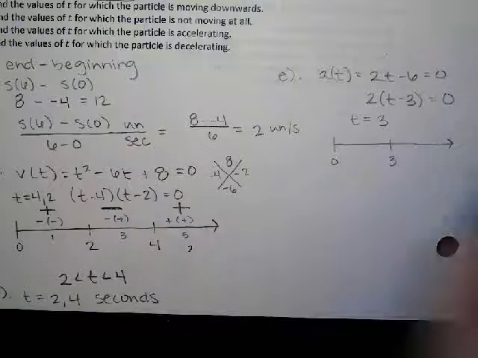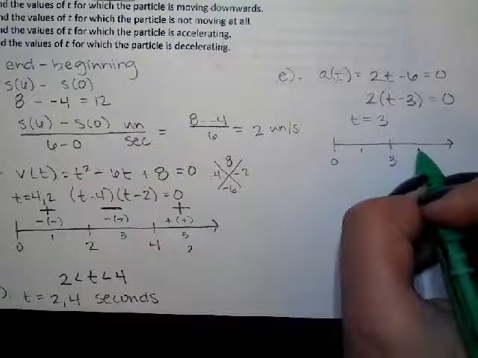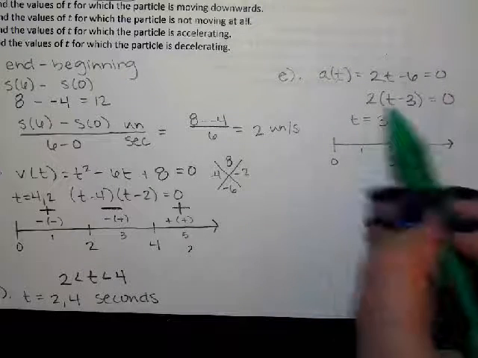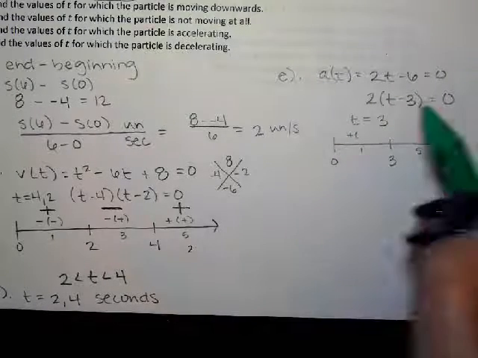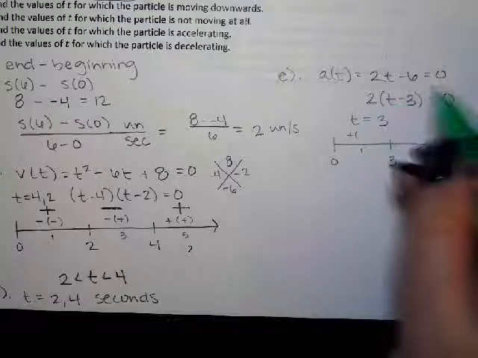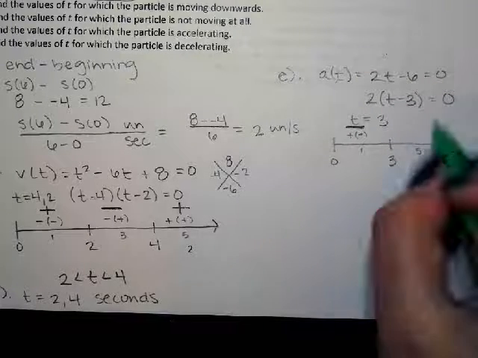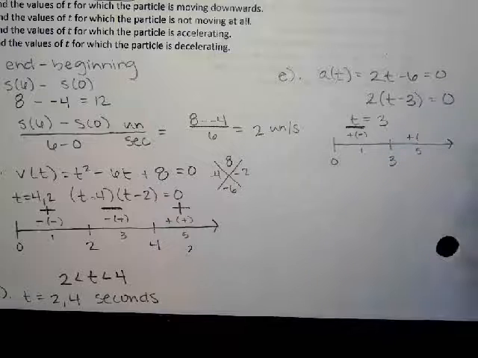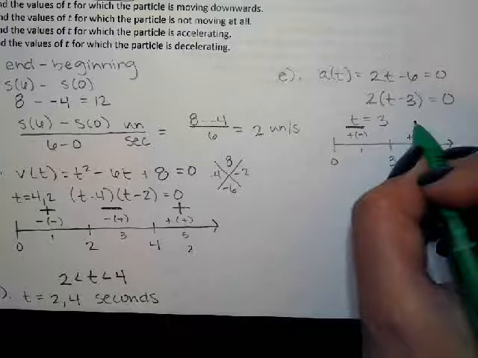And what number can I plug in bigger than 3? 5, okay. So 2 is always positive, so I'm going to put positive first. And then 1 minus 3 is negative, so that first one is a negative. 2 is always positive, and then 5 minus 3, and so I get positive times positive is positive, okay?